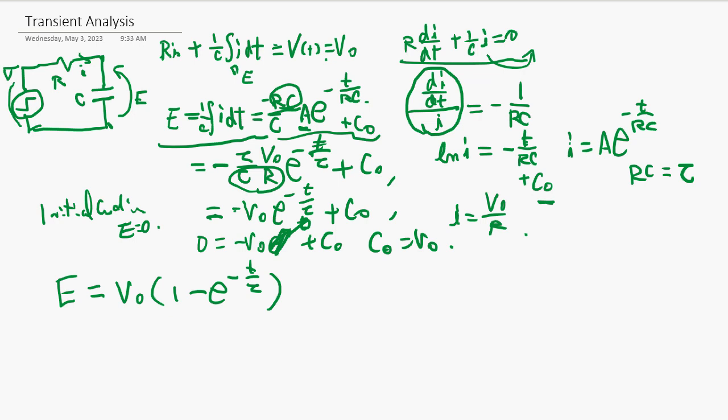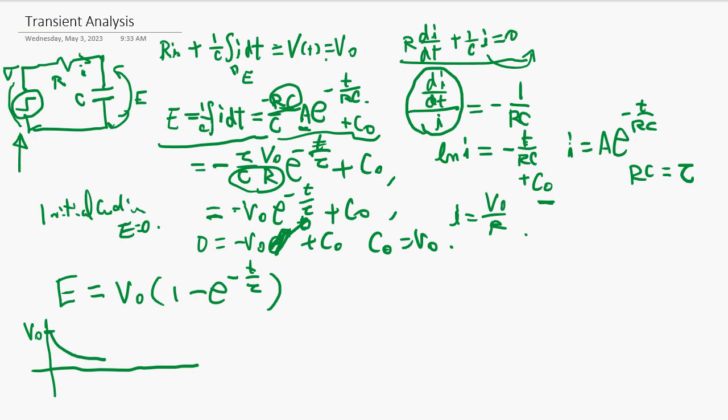So when you apply a step function, the voltage across the capacitance rises toward V0 by an exponential function.